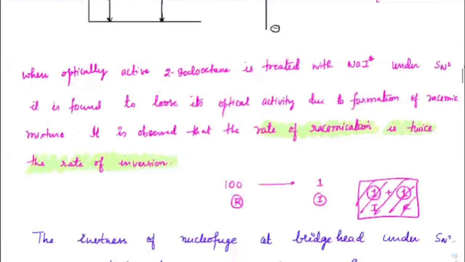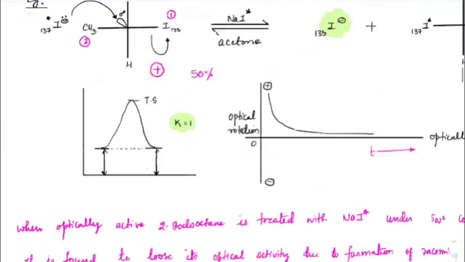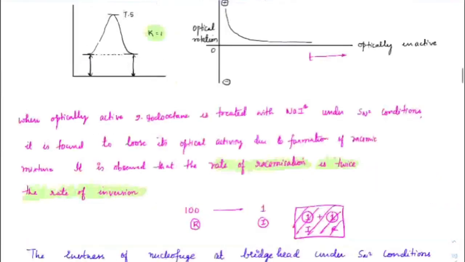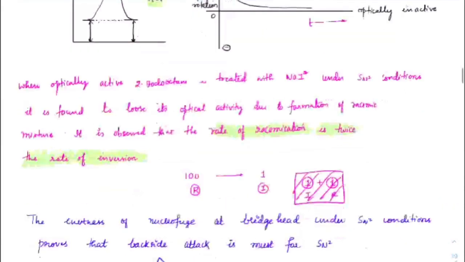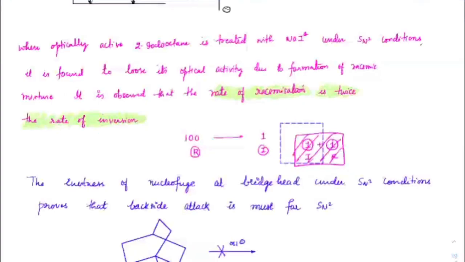Both retention and inversion molecules together form the racemization, but for inversion we require only one molecule.